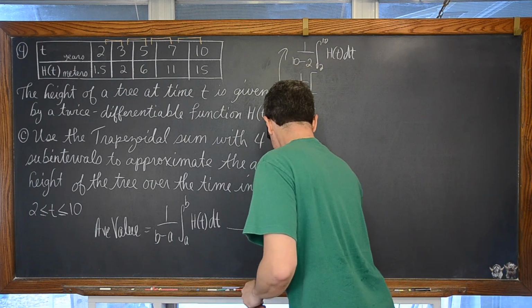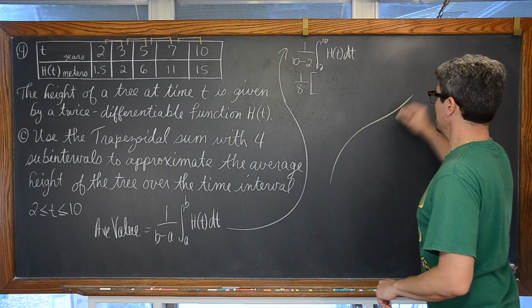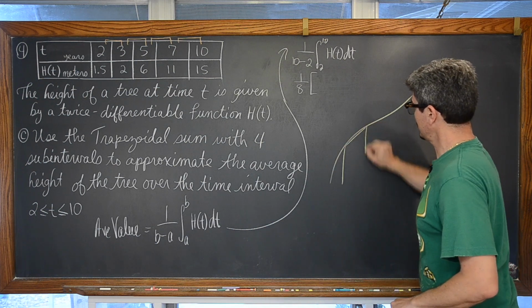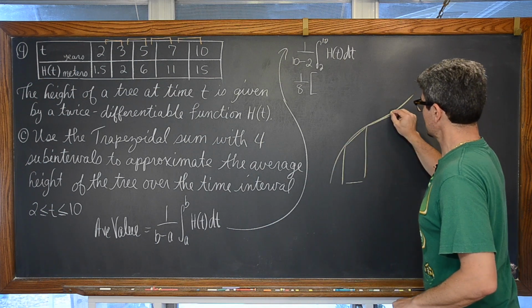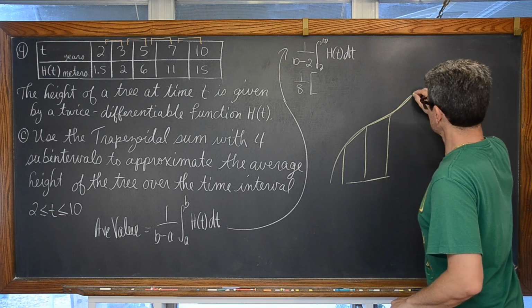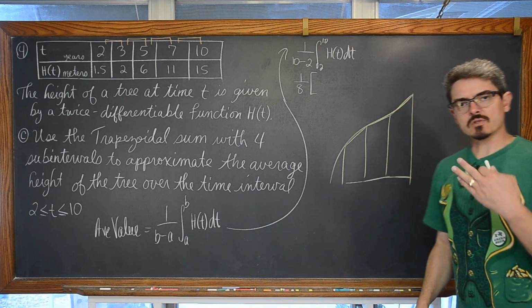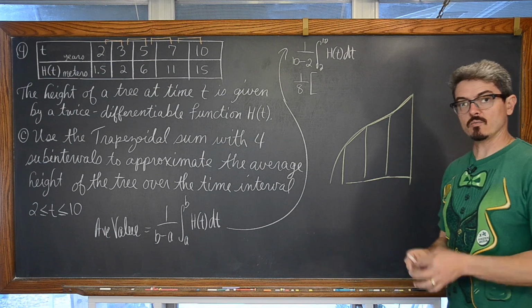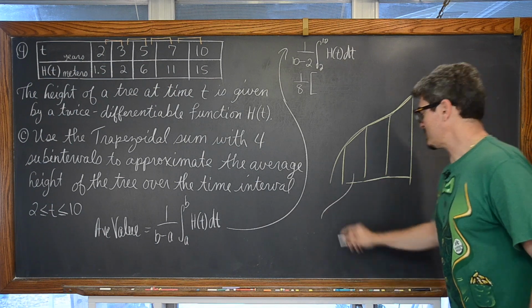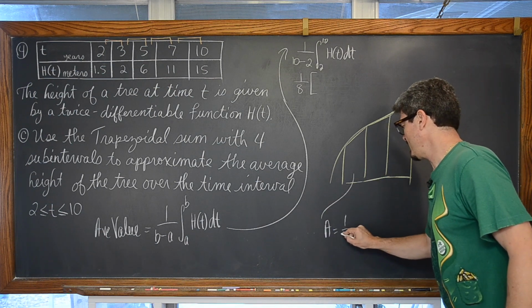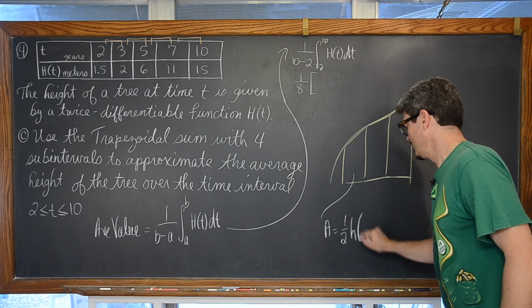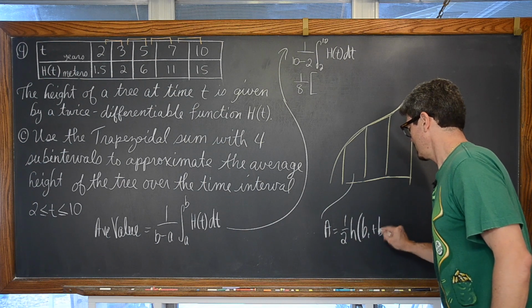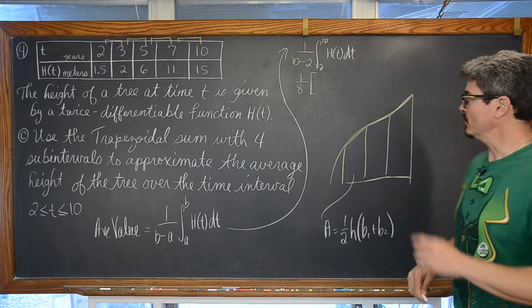And you know, the function's going along and we've got a trapezoid and we're going to find the area of that trapezoid and another trapezoid, find that area, another trapezoid, find that area. So as long as we know how to find the area of a trapezoid, we are good to go. And the area of a trapezoid is 1/2 the height times base 1 plus base 2.